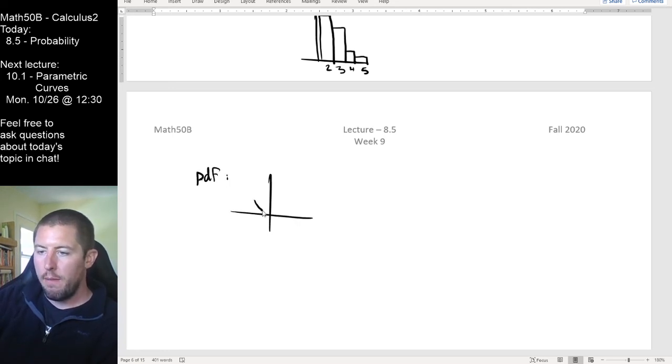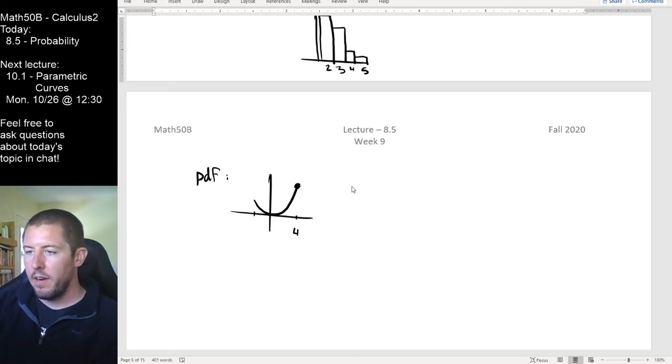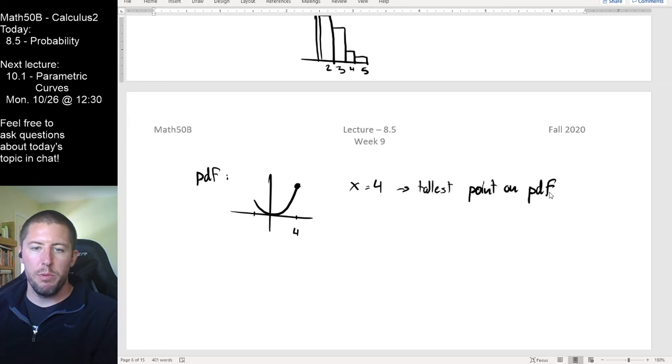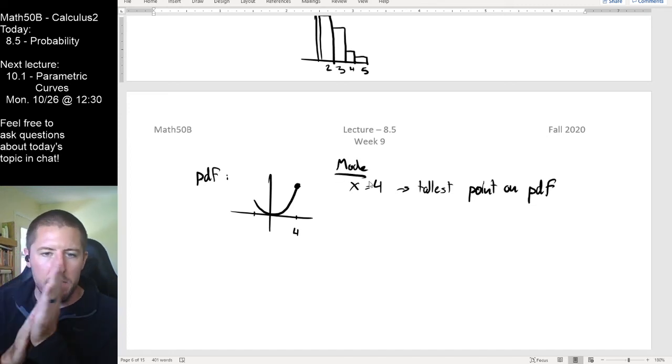We are looking at a PDF that looks like this. And so I can see here that x equals 4 is my highest probability event of occurring. Right? So the mode of this distribution would be 4. Now, what you should be asking yourself is, where's the calculus happening here?